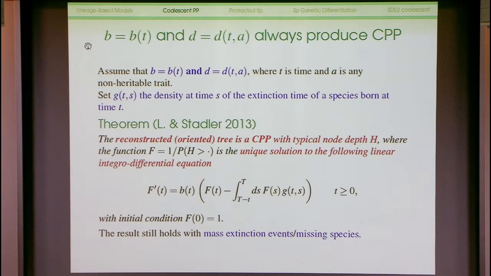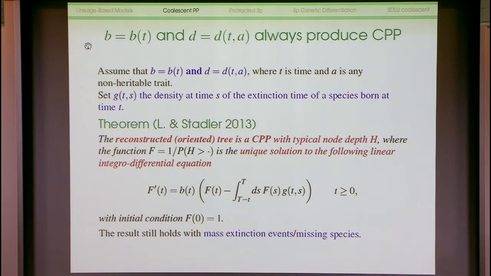Then we have this nice result which tells you that the reconstructed tree associated with your initial birth-death model, meaning you simulate your birth-death model in forward time and then throw away all the dead trees by the present, has the same distribution as a coalescent point process with some distribution of node depth.